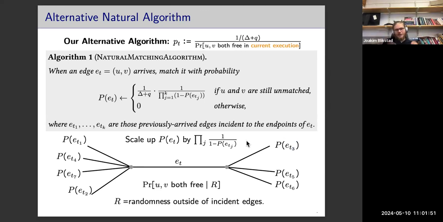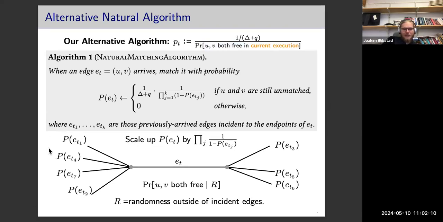But another way to view this algorithm is this. What I mean by scaling up with probability that U and V are both free in the current execution is this: let R be the event of all the randomness we used in our algorithm outside of this picture here.